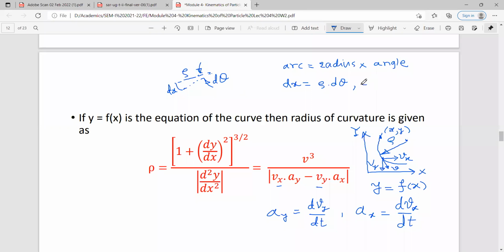So it comes out that radius of curvature is dx upon d theta. When you study that derivation, you will come to know this. That's why I have given you this derivation as homework.